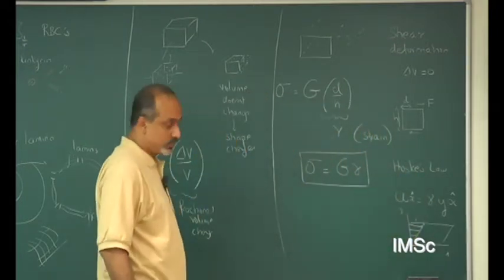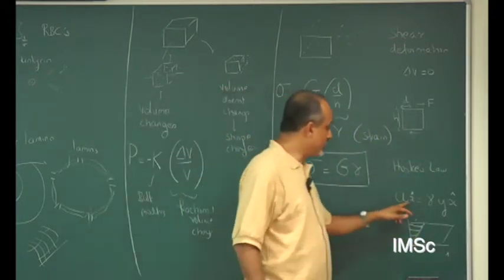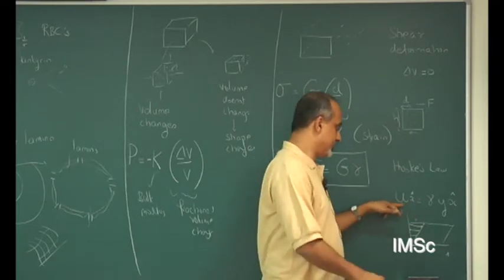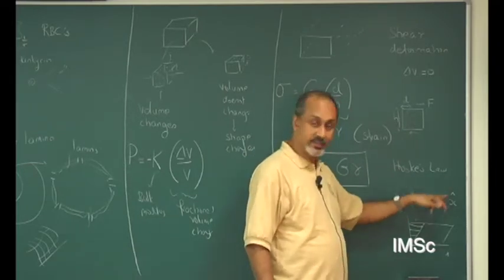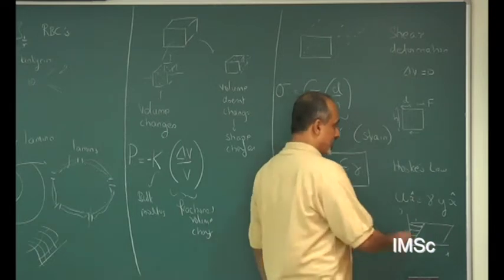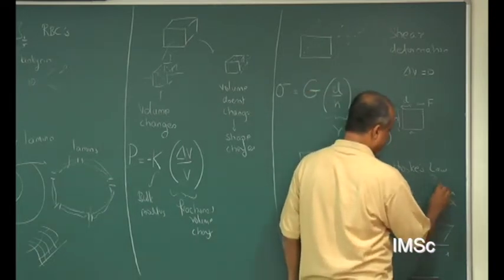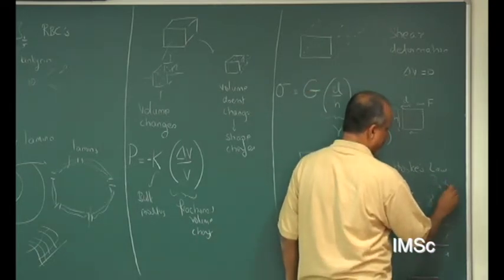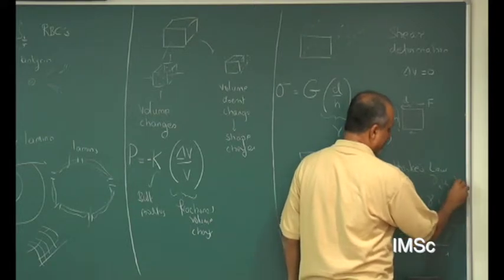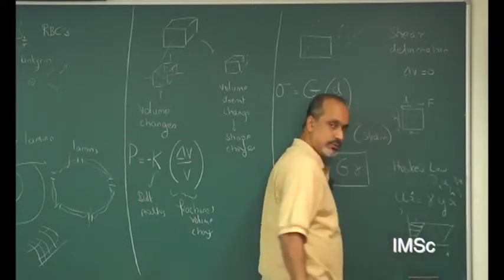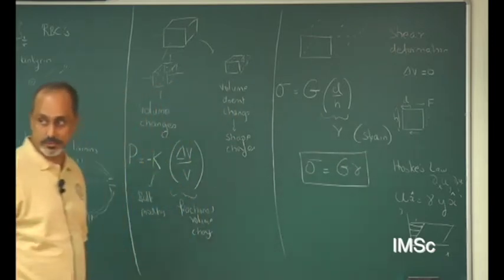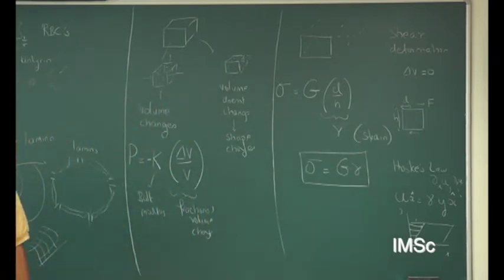Okay? So now you can see that I have u, the x component of the displacement field, as a function of y. So in general, I have to worry about quantities like the derivative of u in the y direction, the derivative of u in the x direction, and so on and so forth, in a more general way of thinking about this problem. Okay?